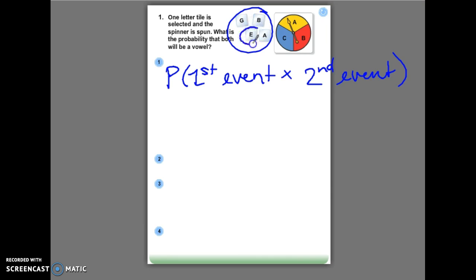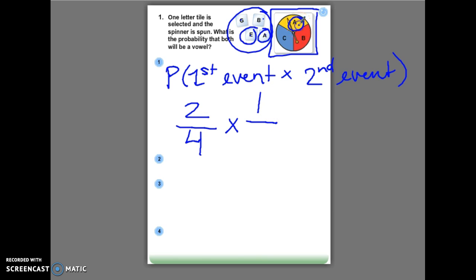Well, I have E and A. So I have 2 out of 1, 2, 3, 4 tiles. Okay, that's my first event. Then I'm going to multiply it times my second event. So if I look at my spinner, what options do you have there that are your vowels? Well, you have A, which is 1 out of 1, 2, 3.